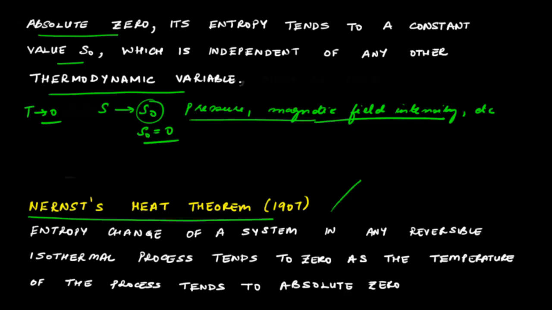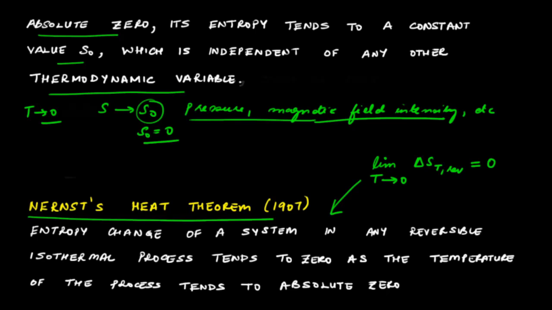That is, if you have an isothermal process that is reversible, then the change in entropy for such a process is zero in the limit that the temperature of the process tends to absolute zero.